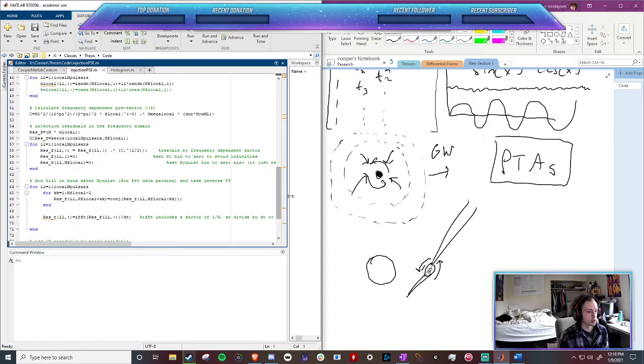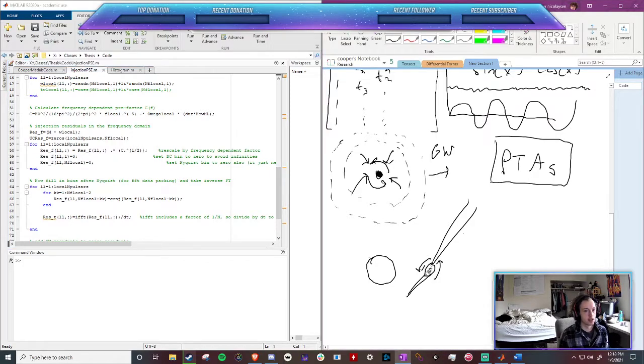So what this injection code does is it grabs 100 pulsars, it injects a gravitational wave, and then it calculates the difference in light travel time between the pulsar and Earth.